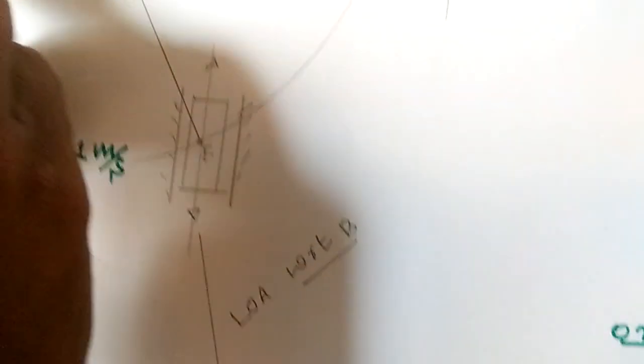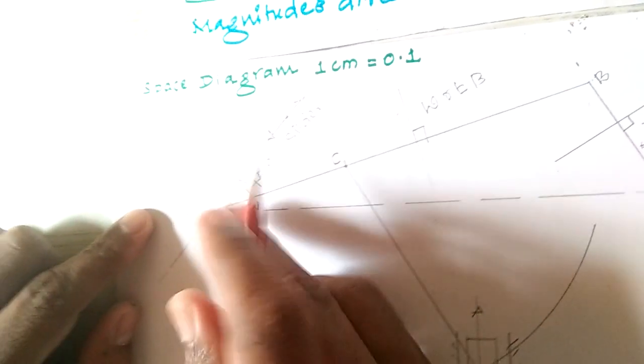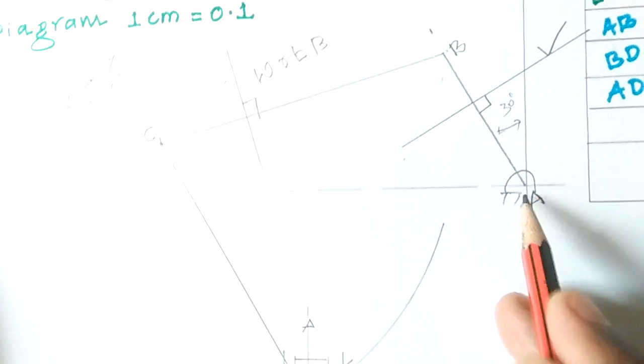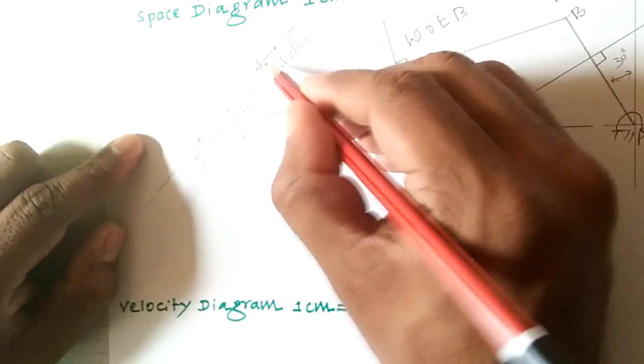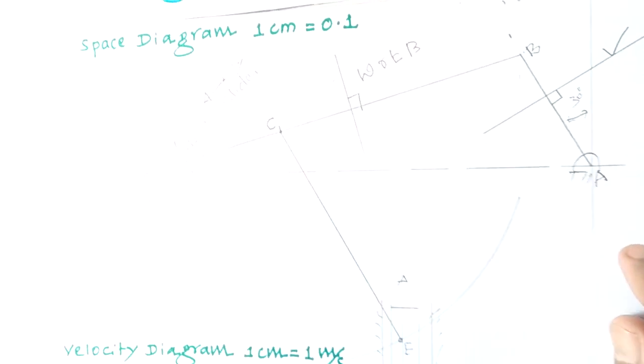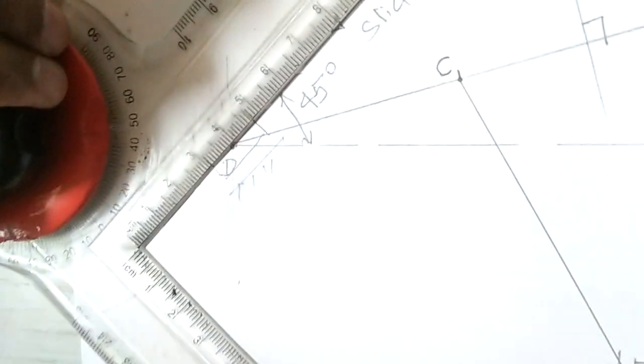Then here also, the velocity of D with respect to A. It is oscillating at an angle of 45 degree. That is important. You have to take that only. You have to take it as the direction of the motion of the slider along the line.